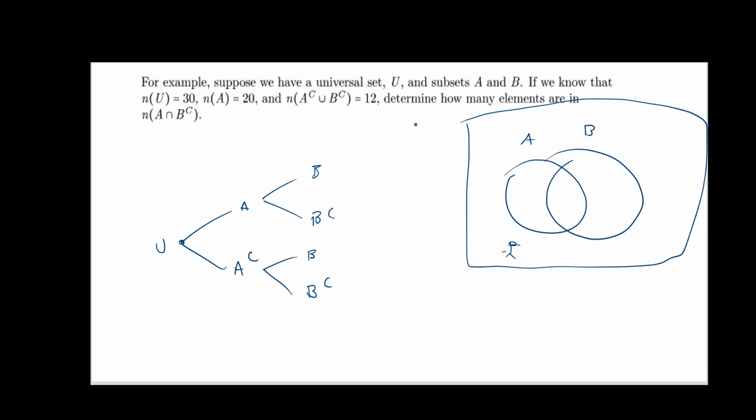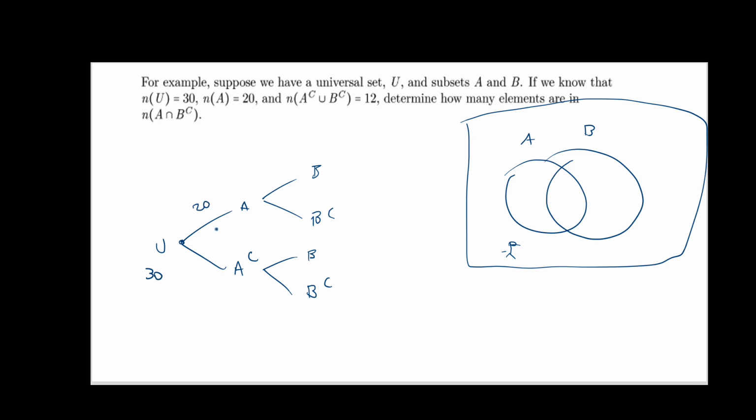Okay, so what I'm telling you is that I know that I have 30 elements in the universe. I have 20 in set A. Where should this 20 go? Should it go here? Here? Yeah. Okay.